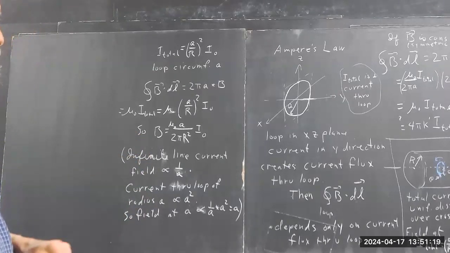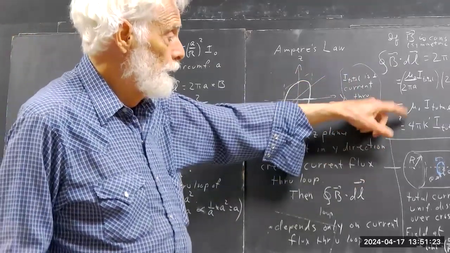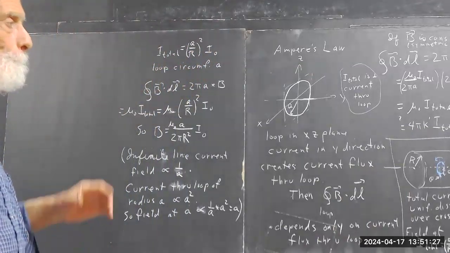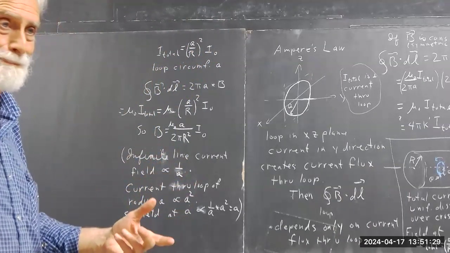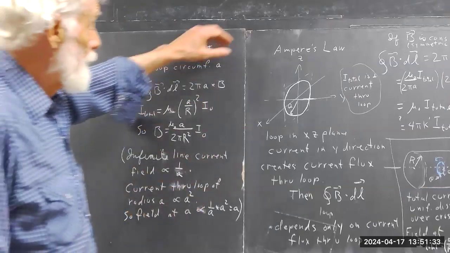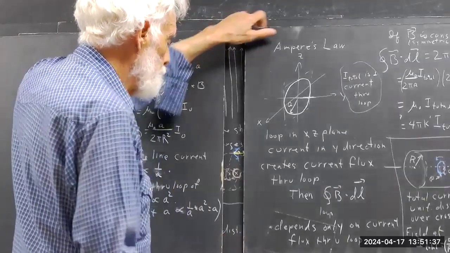Now, a couple comments again on mu naught. I'm pretty sure that mu naught is 4 pi K prime, but I don't want to think that through, and I'm not going to just look it up. I'm just going to say that K prime and mu naught are both useful.